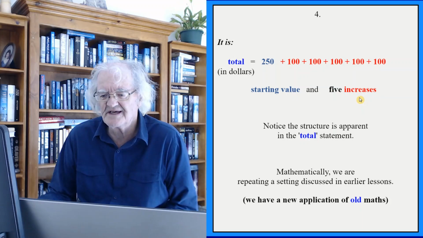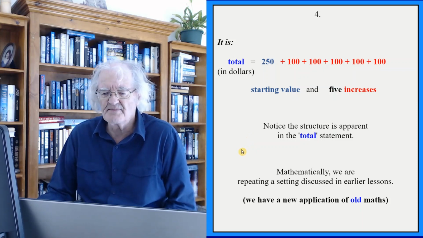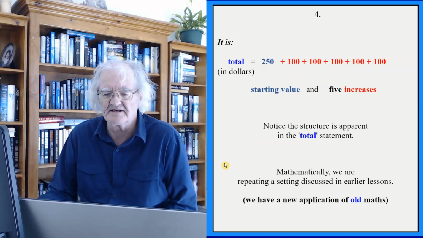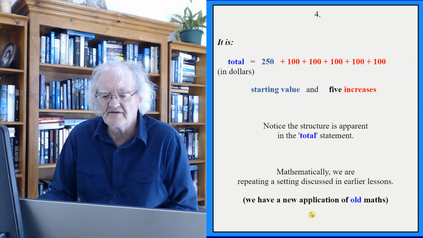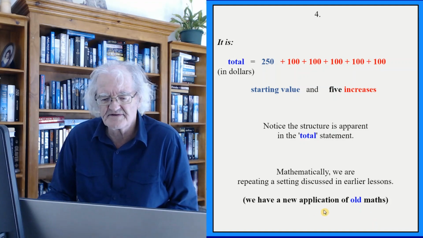Each section increases the cost. Notice the structure is apparent in the word total. Mathematically, we are repeating a setting discussed in earlier lessons. We have a new application of our old maths.